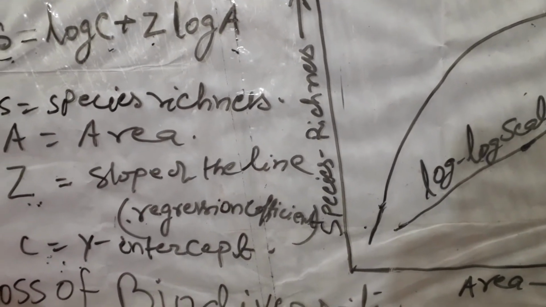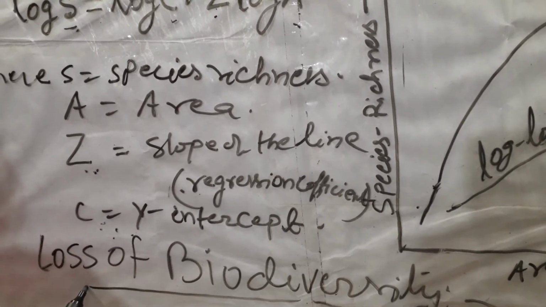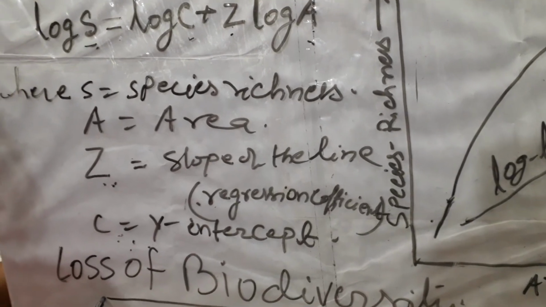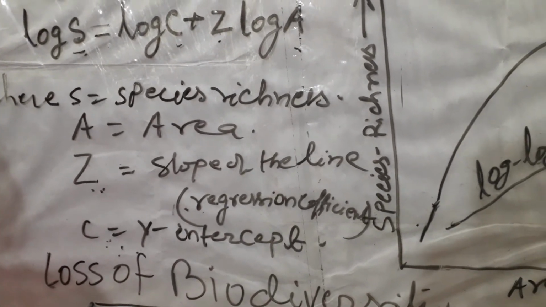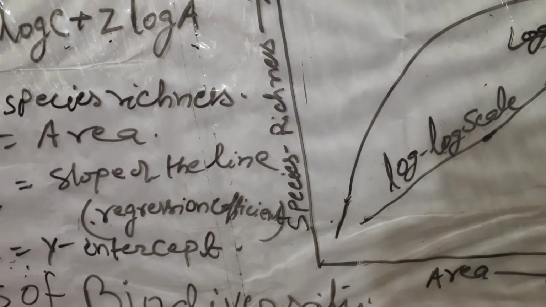At present, 31% of gymnosperms, 32% of amphibians, 12% of bird species, and 23% of mammals face the threat of extinction.